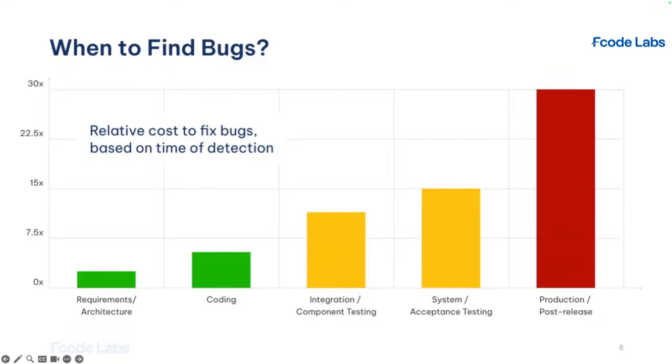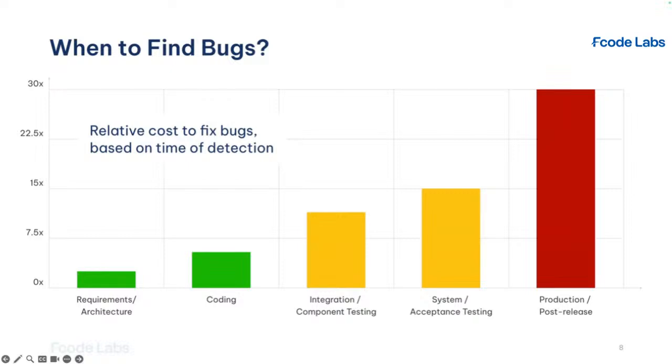Look at how small the cost is in earlier phases like requirements and architecture. When we decide the requirements and architecture, look at how much lesser the cost is. But as we move towards the right of the project cycle, towards production and post-release, the cost of fixing a bug goes higher and higher and higher.